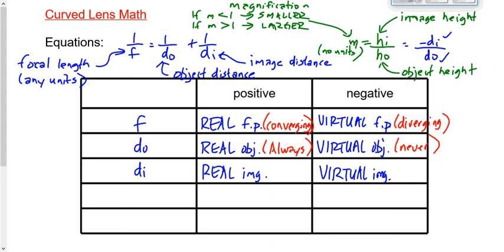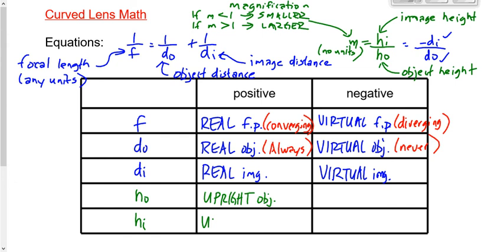Let's look at the other variables now. HO and HI. They're in green. All the green variables relate not to whether they're real or virtual, but to whether they're upright or inverted. If we have an upright object, which we normally do, then it's a positive object height.